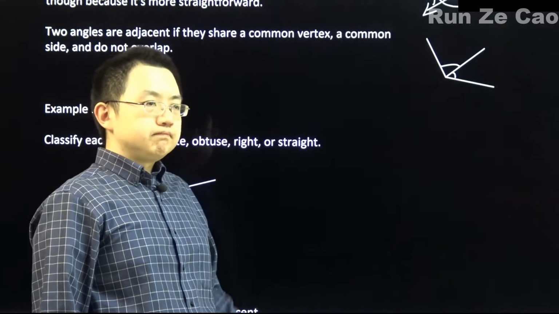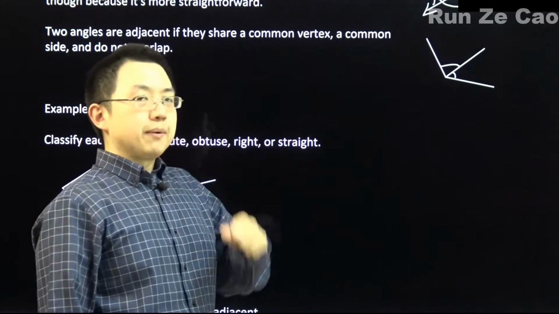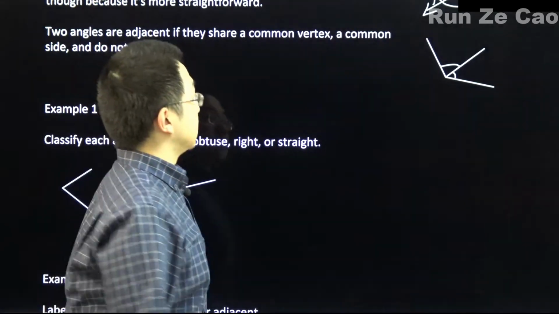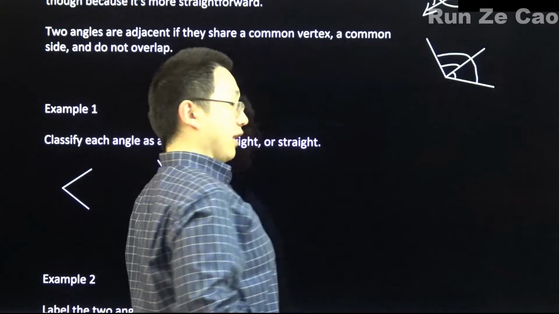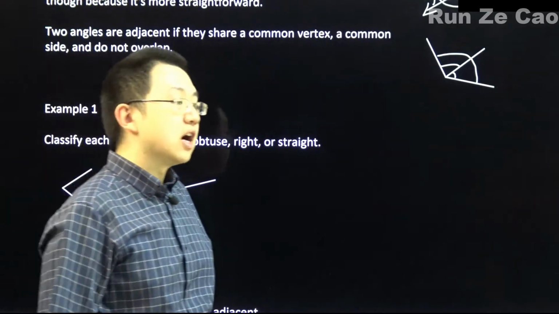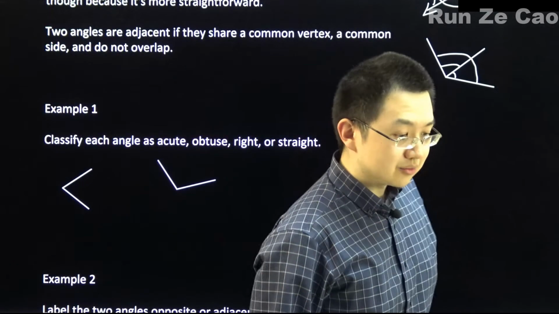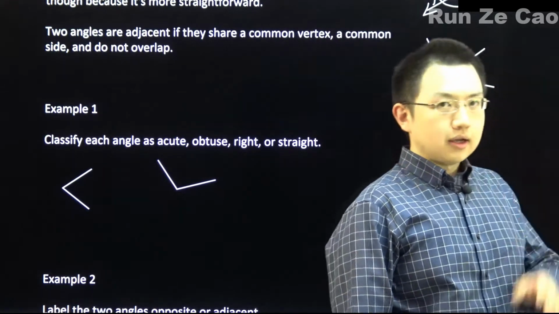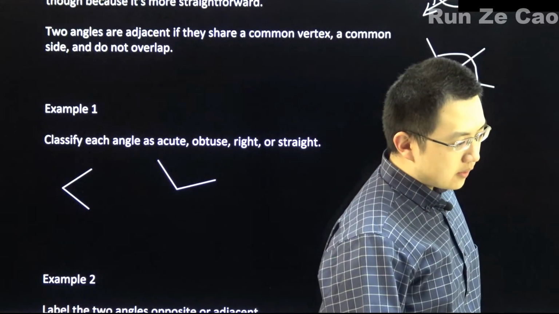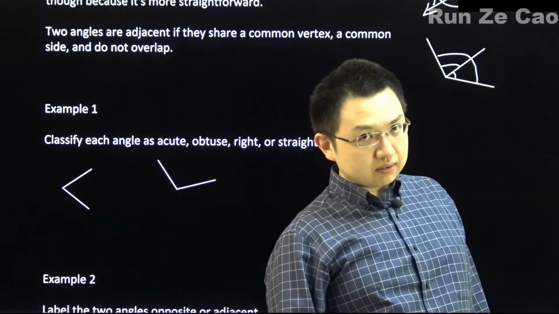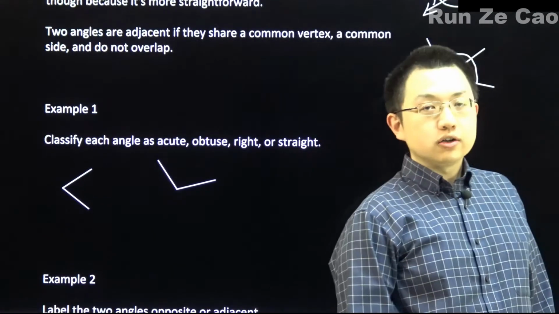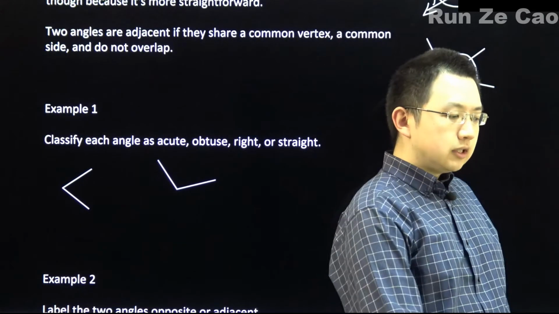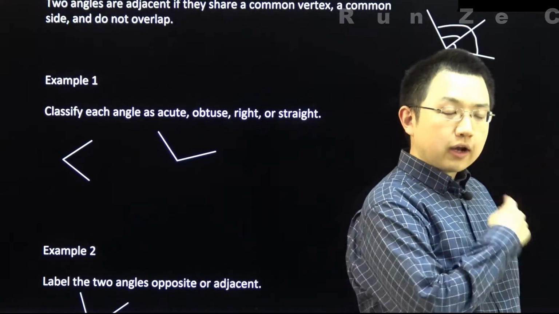Now, what happens if they do overlap, such as this whole thing and either one of these? Well, they are not considered to be adjacent angles because of the overlap, even though they have a common vertex, which is the tip of the angle, and one shared side with either one of the smaller angles.